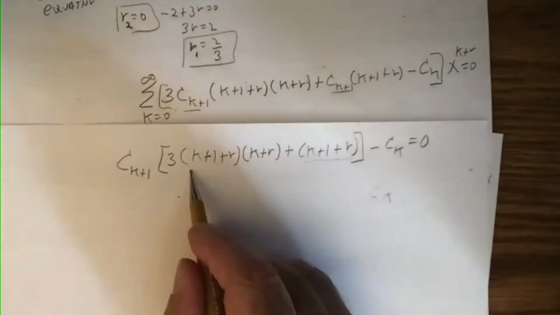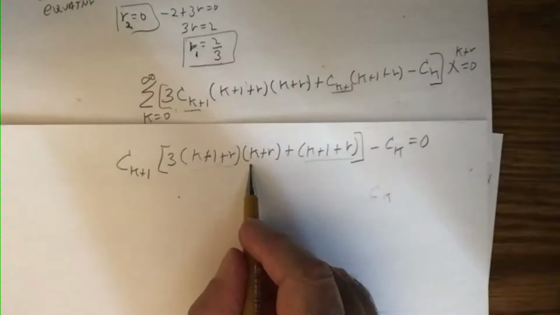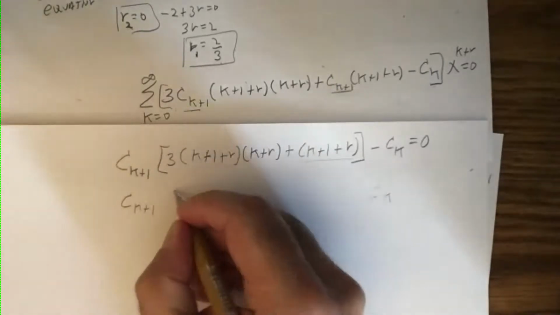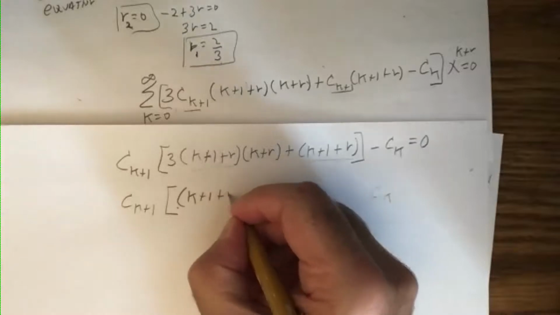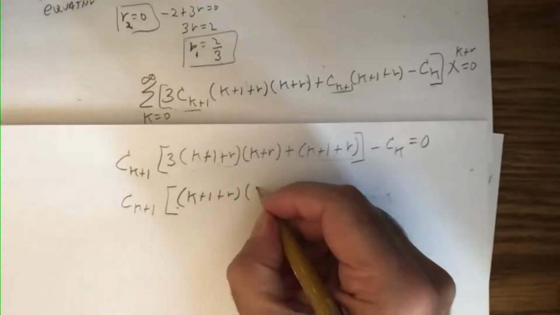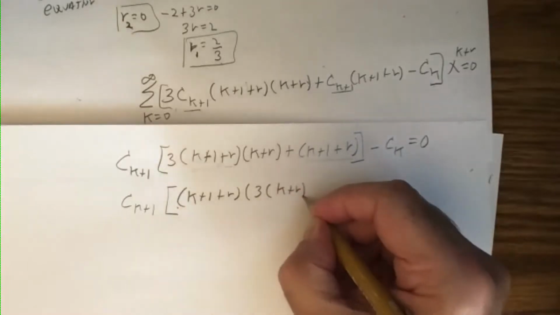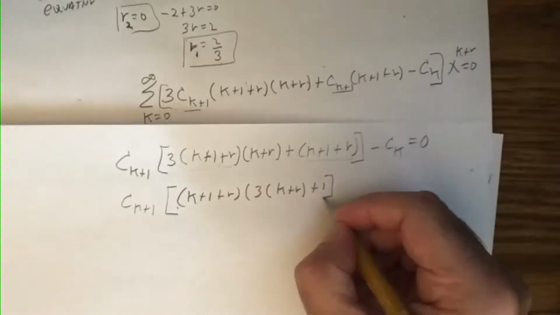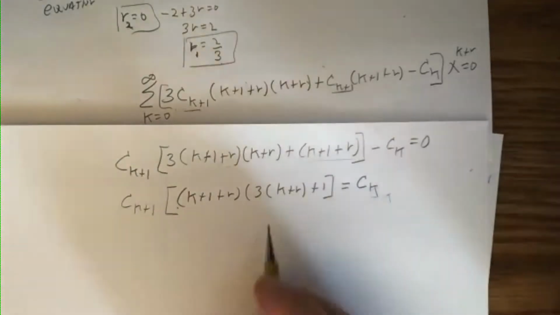Here I have a common factor, and here I have a common factor. And then I have the 3. I'll rewrite it like this. There's more than one way of doing this. This would be 3. Put that over here.